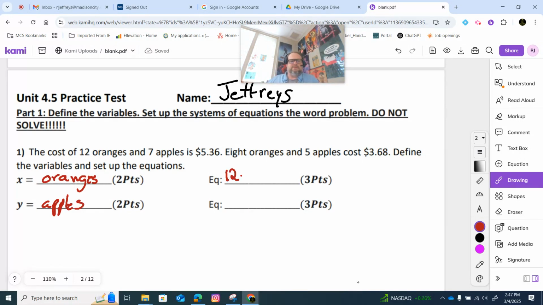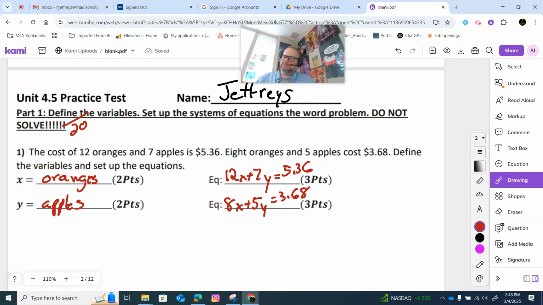So 12x plus 7y equals 5.36. Equals 3.68. All right. So this part right here, I think part 2, this is out of 20 points right now.